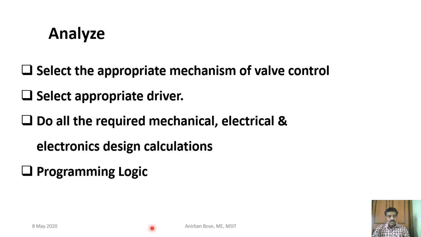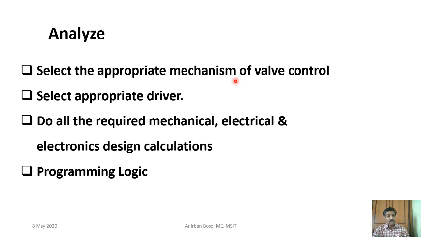After problem identification and formulation, the next part is analysis. Analyzing the problem basically means selecting the appropriate mechanism of the valve control. That means to control the valve, different kinds of mechanisms are possible, so which one will be suitable for that valve? That identification or design is one part.